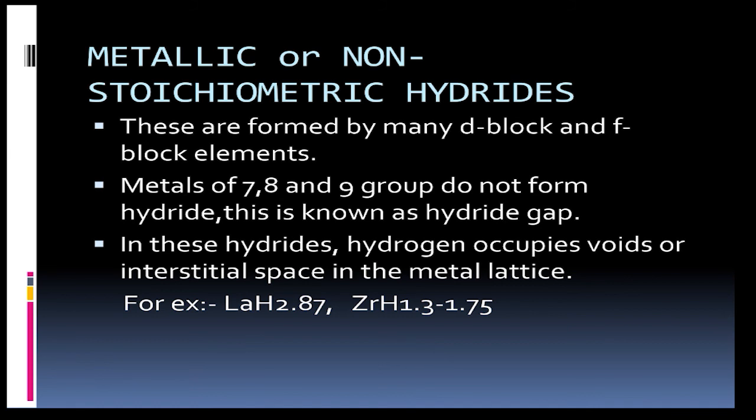That's why these metallic hydrides are known as non-stoichiometric, meaning hydrides with varying composition. One more example I gave you here is zirconium hydride, where the composition of hydride is not exactly equal to 1 as it should be, but it is 1.3 to 1.75. So this is about metallic or non-stoichiometric hydrides.